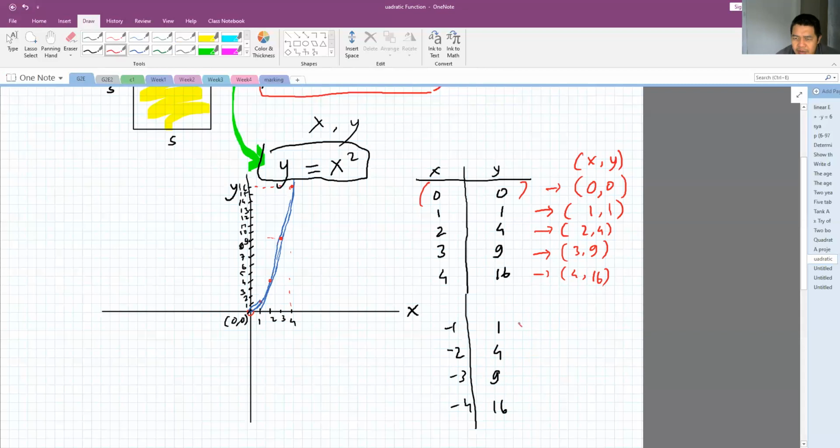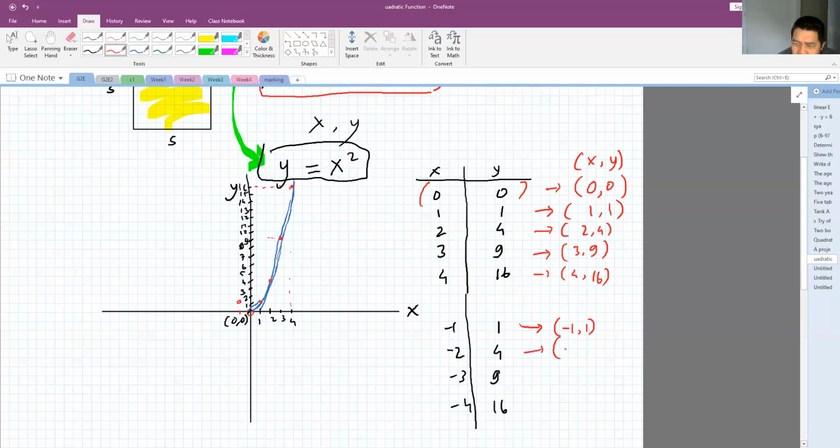Now look at this. When you want to see where they are located, for example, where the x value is -1 and the y value is 1, you go to the negative x, which is the left side of 0, and that is the point where x is -1 and y is 1.